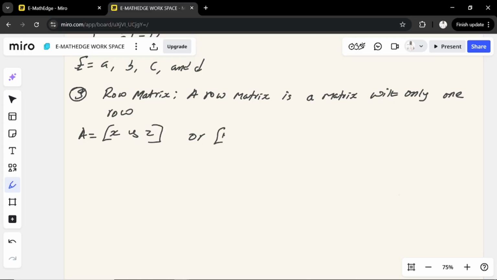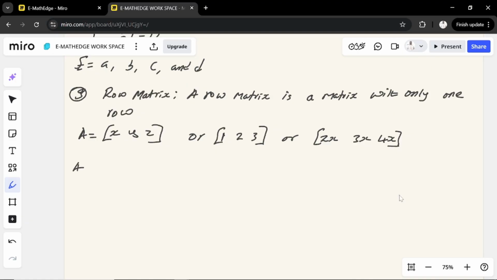It can be numbers 1, 2, 3, right? Or it can be expressions like 2x, 3x, 4x, right? And it can be symbols, it can be anything, but it must not have a column. It must be only one row. So whenever you come across such types of matrices, just know that it is called a row matrix.